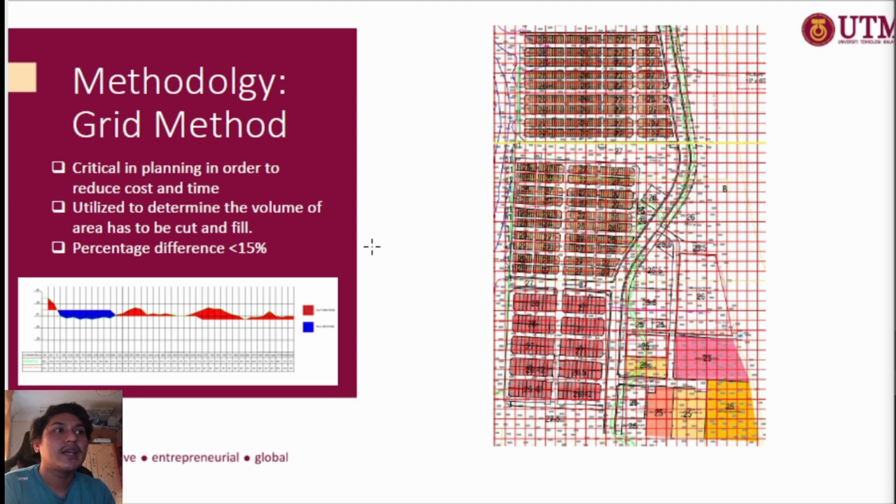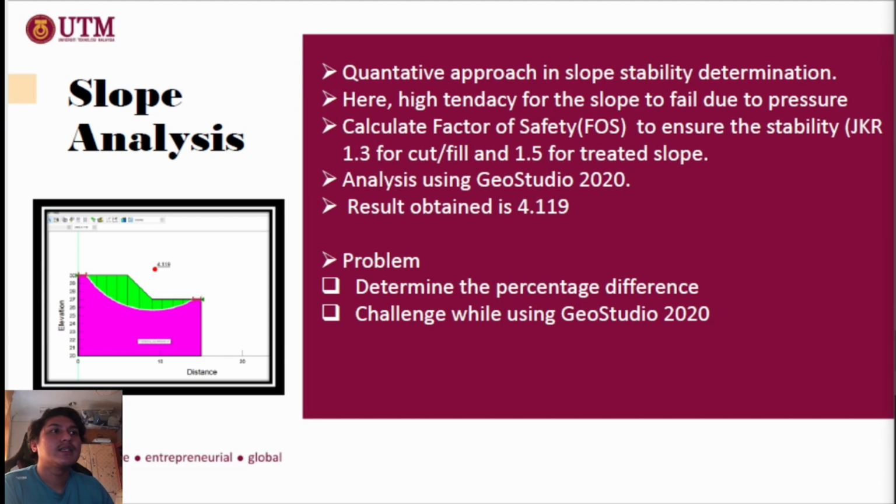The left side is the section of cut and fill. The red color is the cut and the blue color is the fill. So after the cut and fill is done, we have to check the slope by using slope analysis.